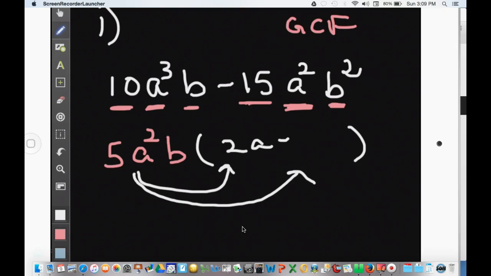Well, 5 times the negative 3 will give us the negative 15. A squared is already a squared, so I'm going to need to multiply the b by b to get b squared. Again, just check yourself by doing a quick distributive property, and I'll see I have 10a cubed b minus 15a squared b squared. Awesome.